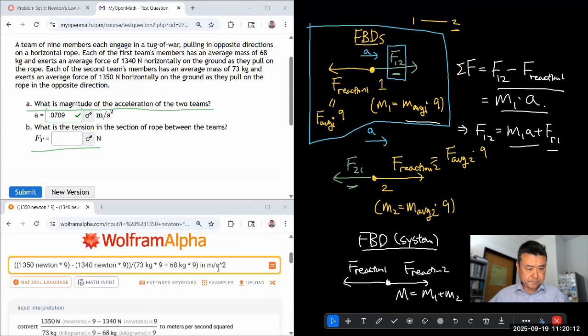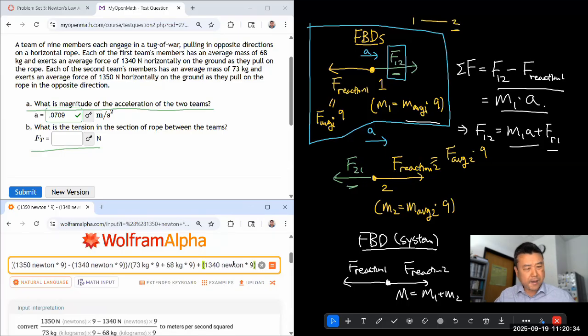So let me actually keep this. I think I can keep this and use it for my acceleration, and I'll have M1, that's the 68 kilogram times 9 times the acceleration plus the net force, that's 1340 Newton times 9.